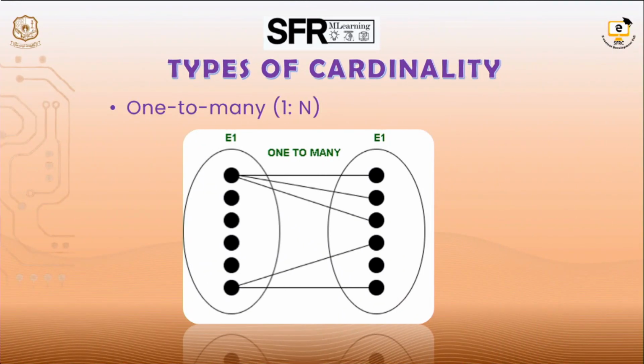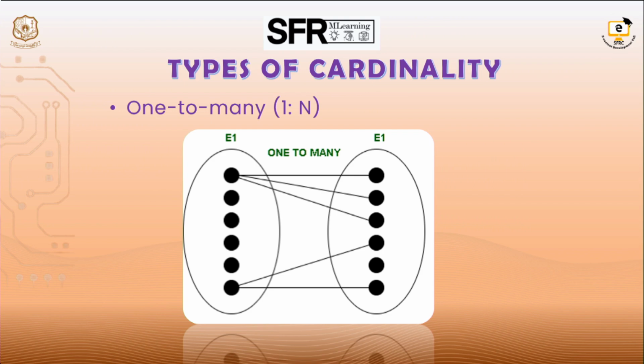Next, 1 to many. If the entities in the first entity set take part in the relationship set at most once, and entities in the second entity set take part many times, at least twice, the cardinality is said to be 1 to many.